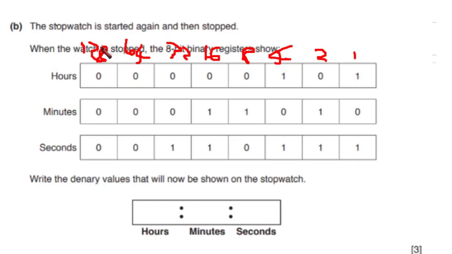So if you work out the arrows to start off with, we've got 4, 5, so that'll be 0, 5 on the stopwatch. For minutes, 2 plus 8 is 10, plus 16, so we've got 10 plus 16, which equals 26.